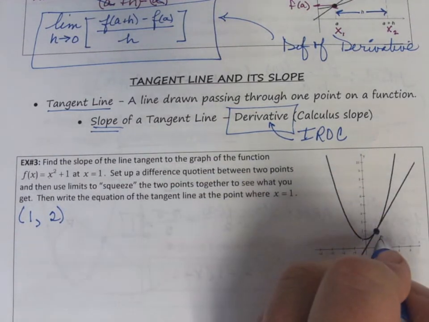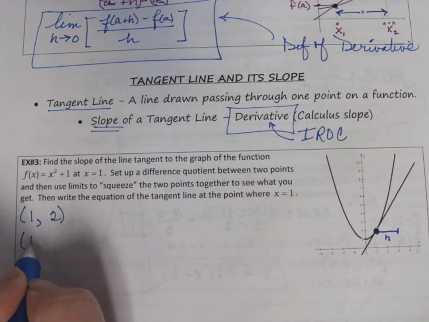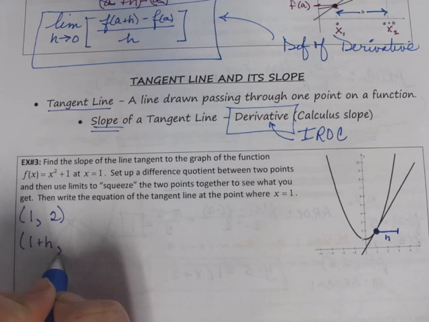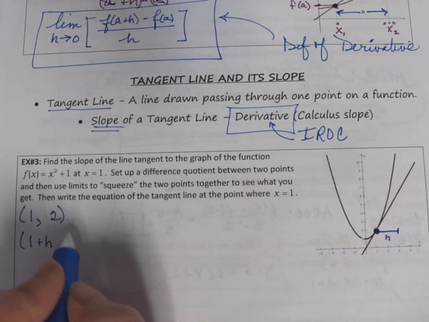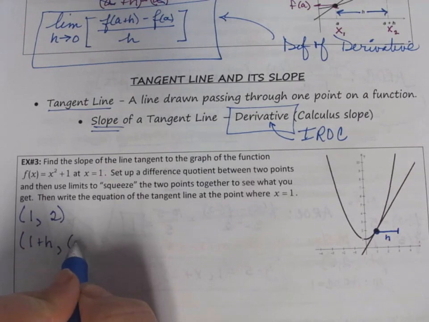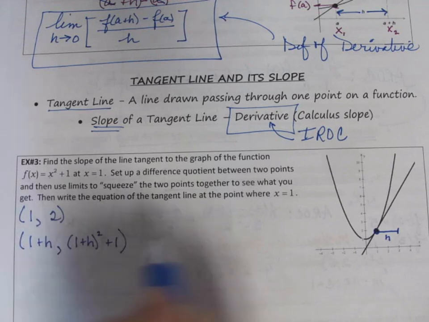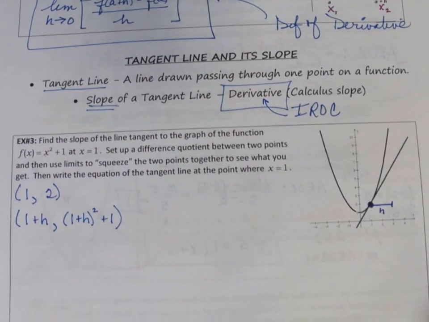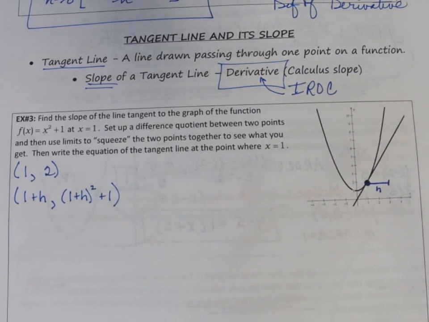The other point, I don't know what it's going to be. It's going to be some distance h out there. So it's going to be 1 plus h as our x value. And if we take that x value and plug it into our equation, it would be 1 plus h quantity squared plus 1. So those are the two points that we're going to find our difference quotient with.